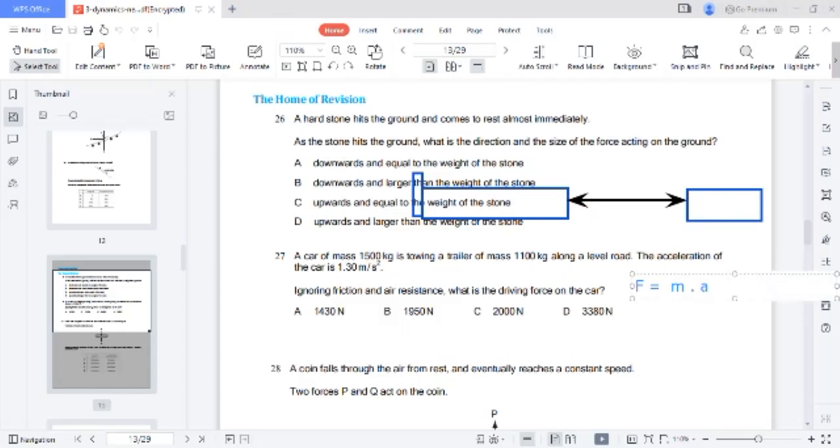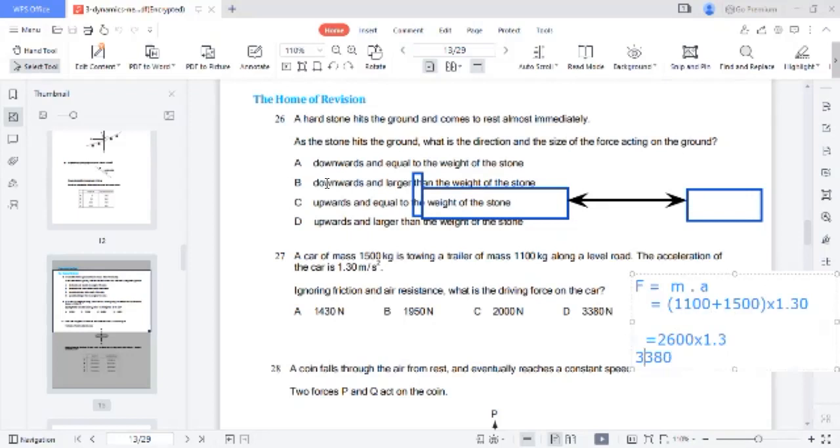Here m is the sum of these two masses, 1100 plus 1500, because both are connected with each other through a rope, and the acceleration is 1.30. So it would be 2600 times 1.3, which is 3380.